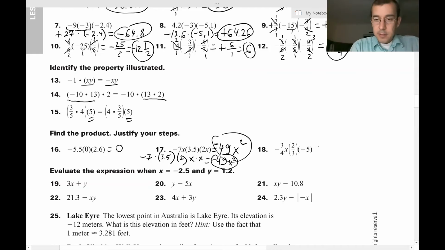18. So here we can cancel out 3 and 3. So we get 1s. 2 and 4 cancel out by 2. So 2 divided by 2 is 1. 4 divided by 2 is 2. And then here we have minus and minus sign. So when they multiply, you get plus. So the final answer is plus.